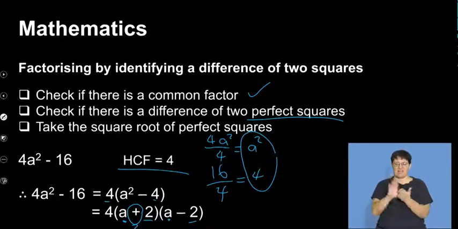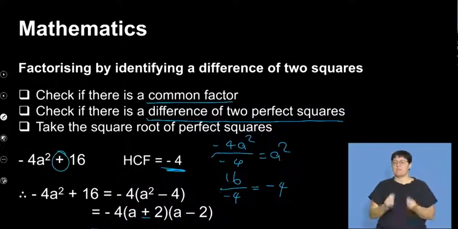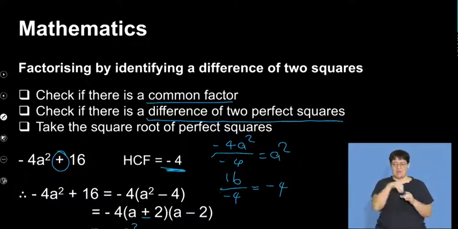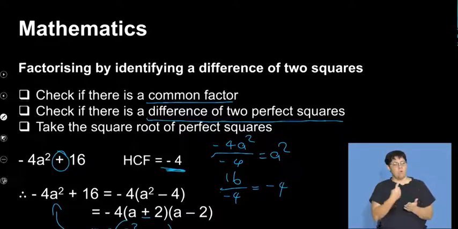If you multiply inside with the 4, then it will give us 4a squared minus 16. Similarly with this one, it's the very same thing. You multiply inside, I get a squared minus 4, and then you multiply this with the negative 4, it will take you back to that particular question that we had there. So always try to test your answer after factorizing.